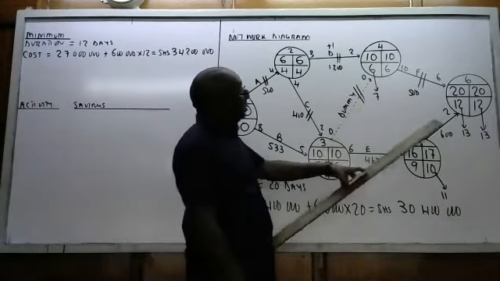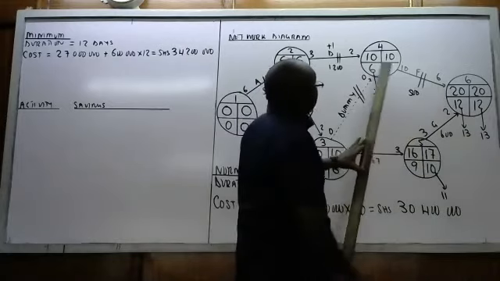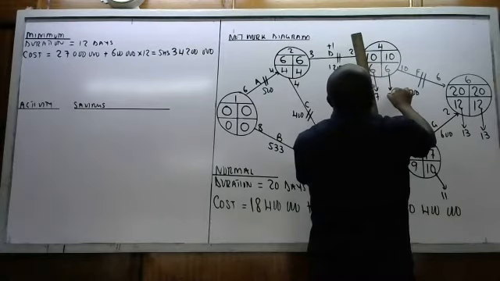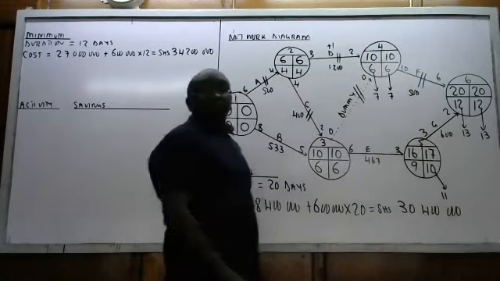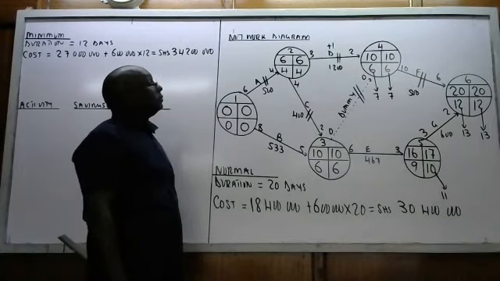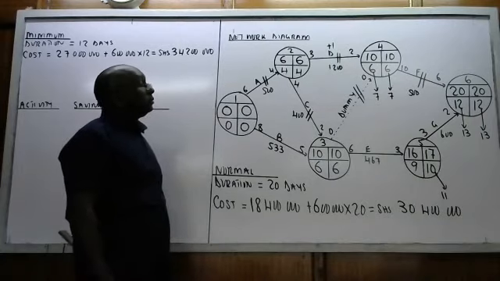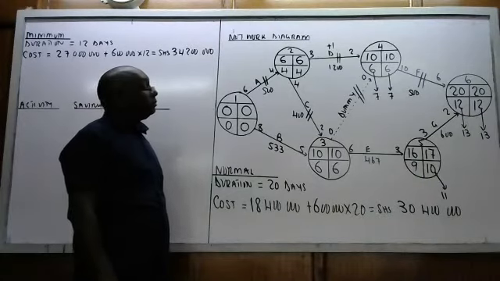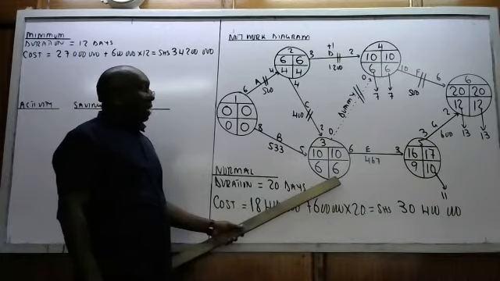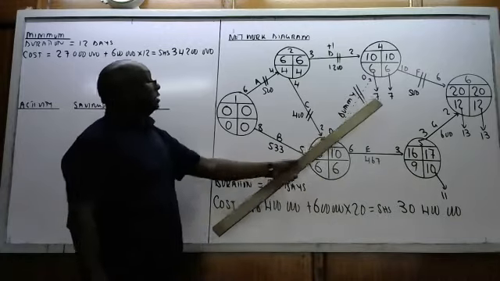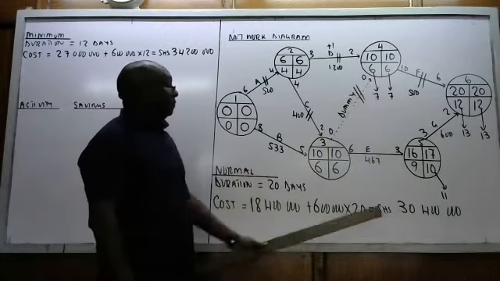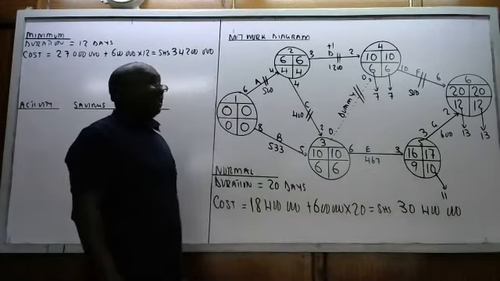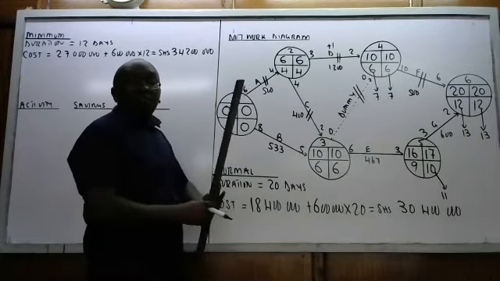Then we go back here. 13 minus 6. So this one, instead of being 6, it is now 7. When we come here, it will be 7 minus 0, 7. 11 minus 3, that is 8. So we record the smaller.